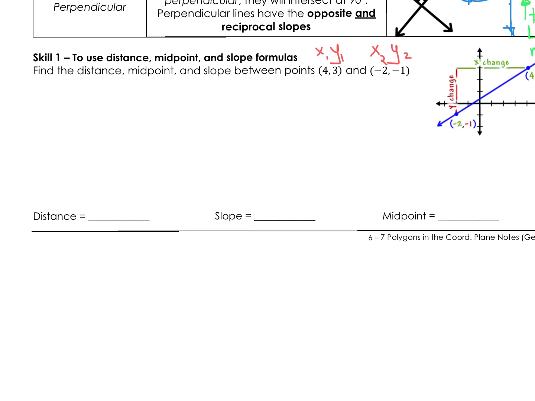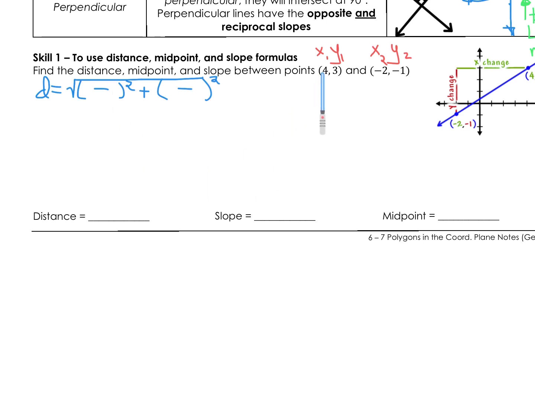I'm not going to rewrite them, but I'm just going to write the template. What I mean by that is when I write the distance formula, I'm going to write everything except for the x's and y's. I'm going to write all the operation symbols. Okay, so the only thing I removed were the x's and y's. And so I want to put x sub 1 here, and then I want to put x sub 2 here.